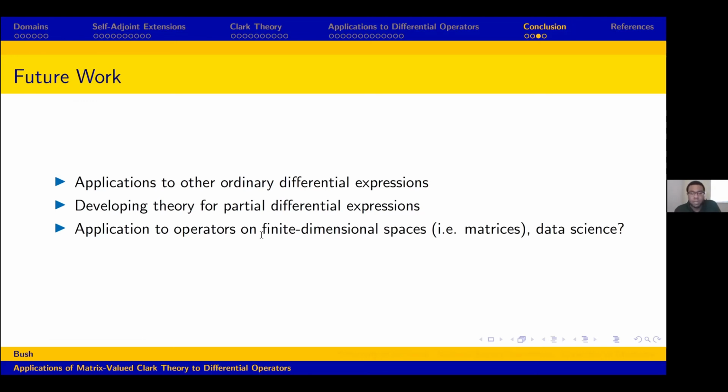But very often there is work to be done on finite dimensional vector spaces and problems that are underpinned by them. In particular, there are a lot of data science problems that boil down to manipulating matrices in various ways, where operator theoretic tools could be useful. And currently, no one's doing it.